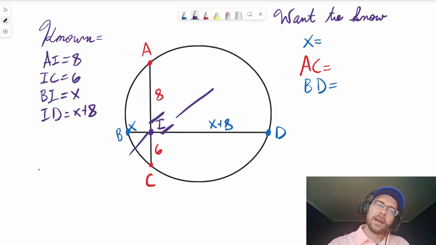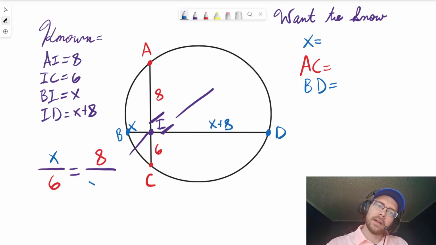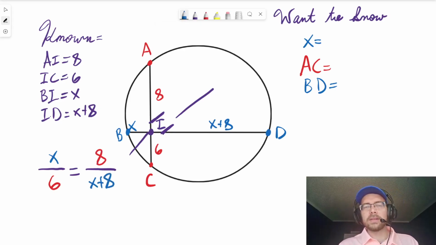I'm going to have a bar, an equals, and a bar. Above my left bar, I've got x. Below my left bar, I've got 6. Above my right bar, I've got 8. And below my right bar, I've got x plus 8. That's how you set it up, right?